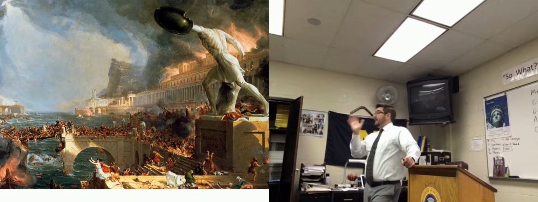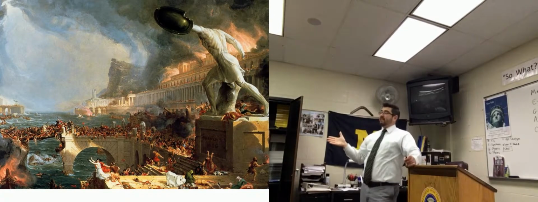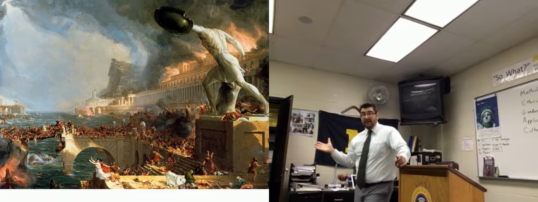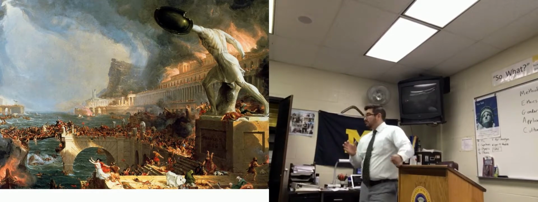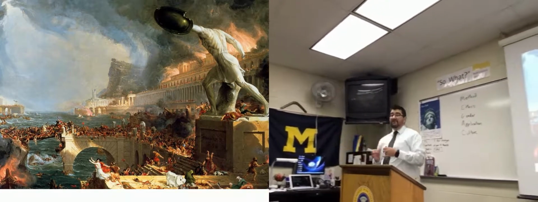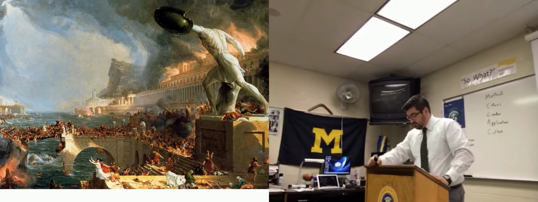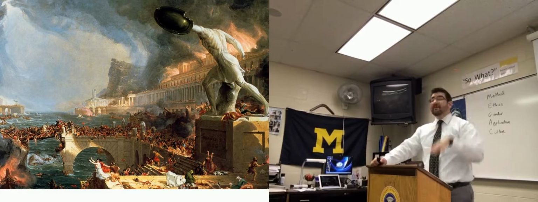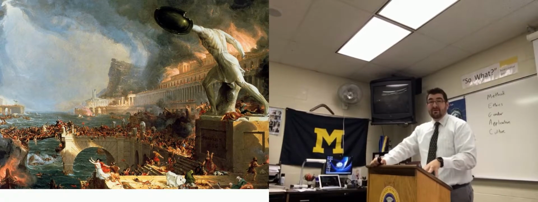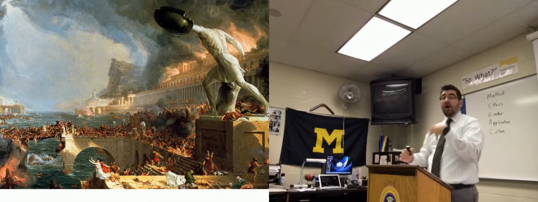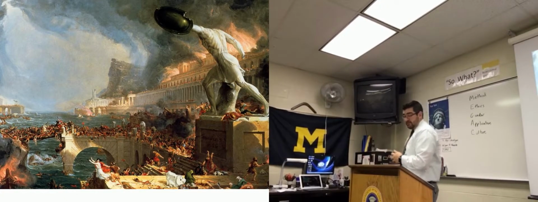As in, everything was going fine in Rome, and then 476 comes and everything goes to hell in a handbasket. It wasn't like that. Rome goes through a few centuries of decline for all the same reasons that these other civilizations will.